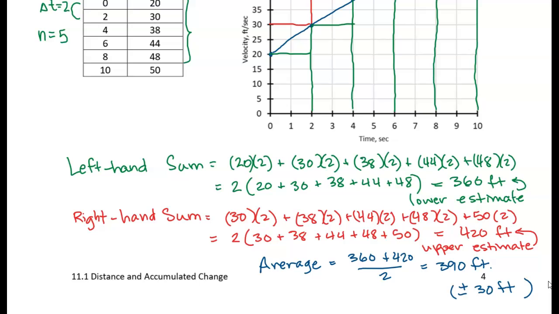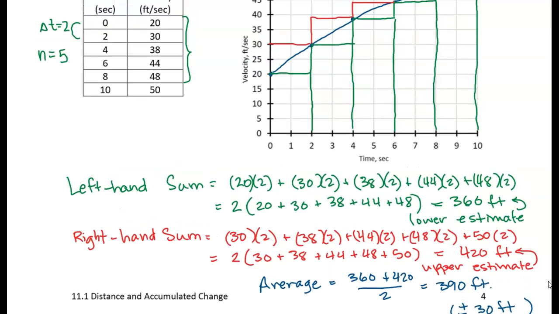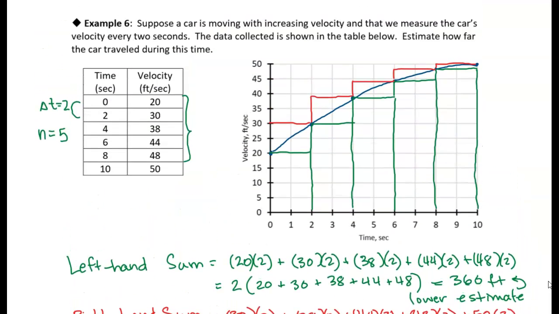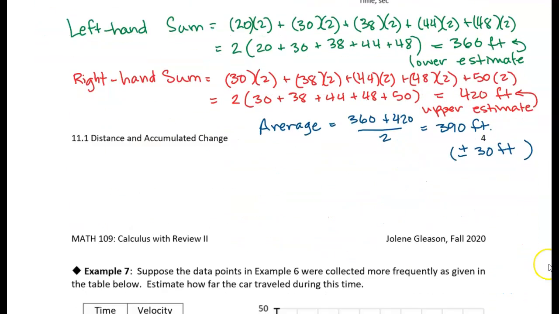Now, we're taking data every 2 seconds in this particular example. And so we could get a better estimate just by increasing the time intervals, right? If we sampled the velocity every second instead of every 2 seconds, we could get a better estimate, which is what we're going to do in example 7.